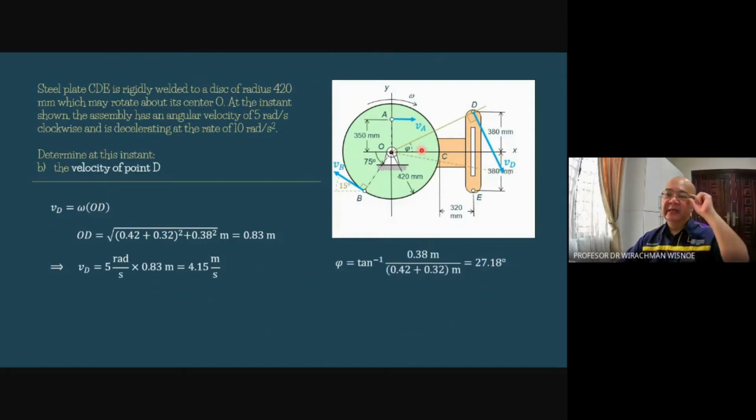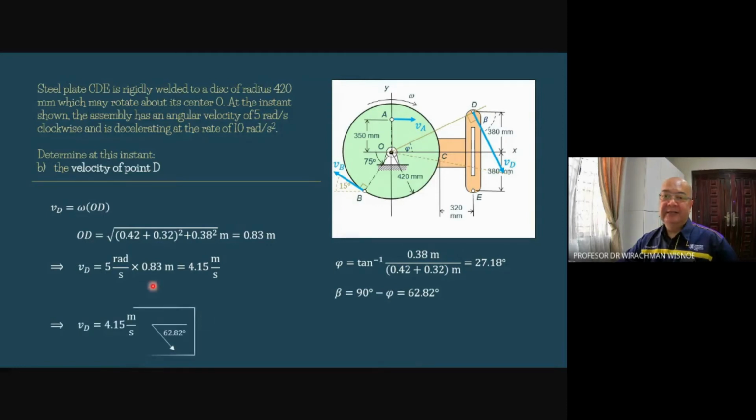If this is an angle phi, the angle will be 27.18. If this angle we call beta, beta will be 90 minus phi. The velocity is 4.15 meter per second and directed 62.82 degrees to the right downward.